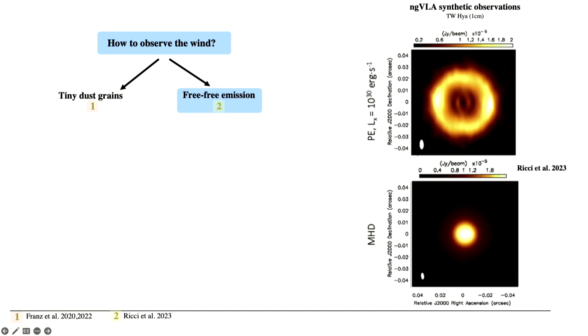Because the photo-evaporation-driven wind covers a much larger range, where you ionize and have these high-temperature layers, he sees the free-free emission much more extended. With ngVLA, we would be able to spatially resolve that and distinguish between these two models. That is a very nice idea, and hopefully ngVLA goes online soon.